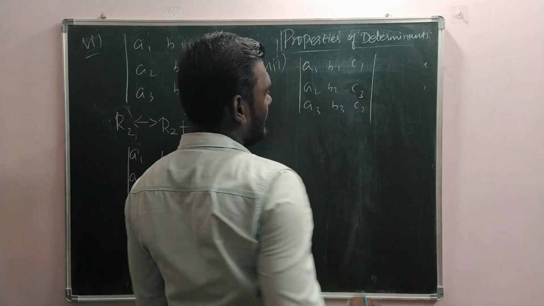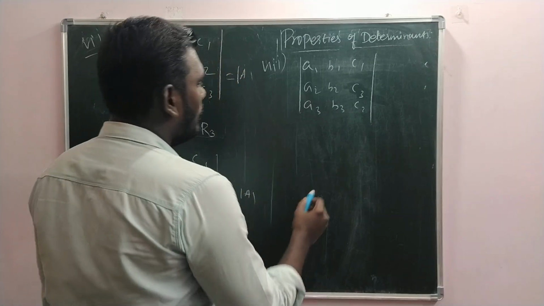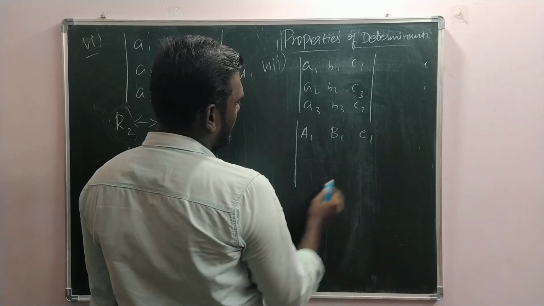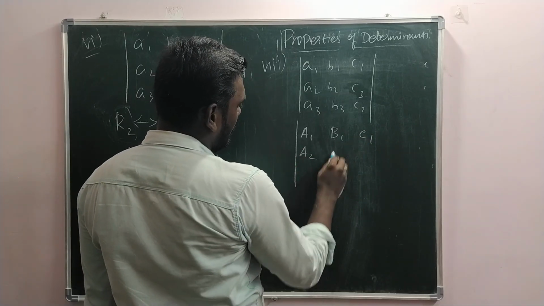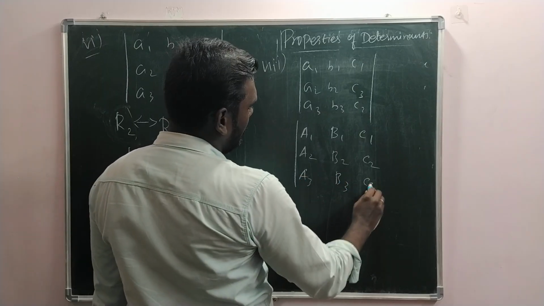What is their cofactor matrix, you know? The cofactor matrix we write like capital A1, B1, C1, capital A2, B2, C2, capital A3, B3, C3.